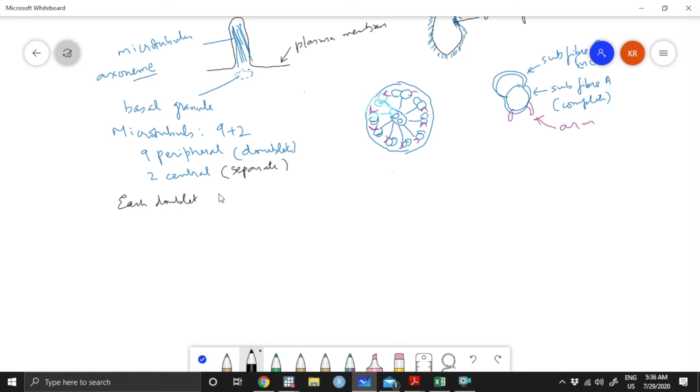Each doublet has a complete subfiber and an incomplete subfiber. This is subfiber A, this is subfiber B, made of a protein called tubulin.